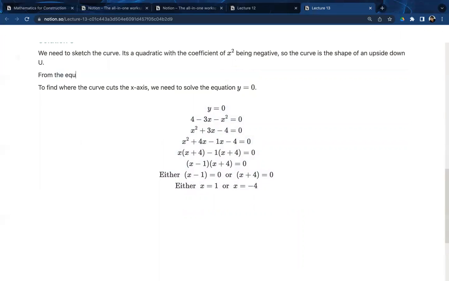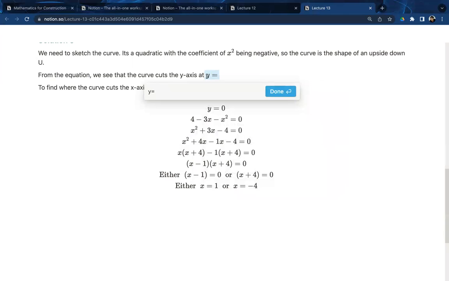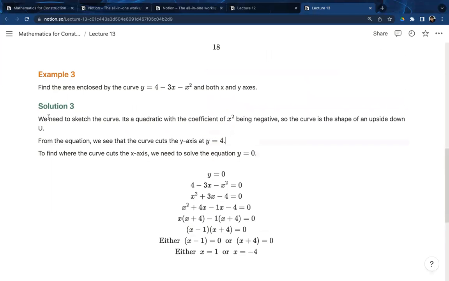From the equation, we see that the curve cuts the y-axis at y equals -4, right?